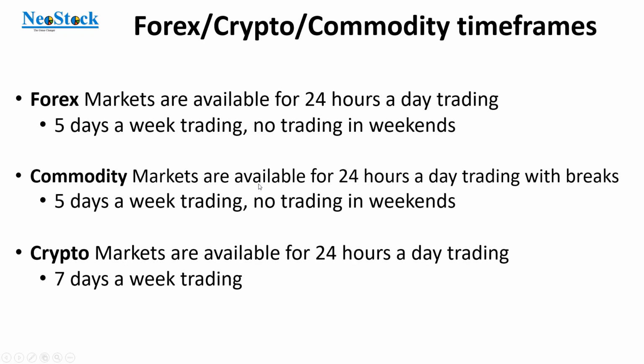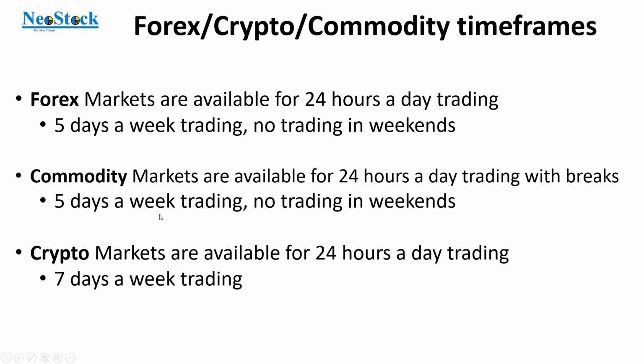Maybe if you consider some Indian commodity markets, the breaks are even much longer. But anyway, remember, some of the commodity markets run almost 24 hours. For example, crude oil, I think they give only a 1 minute break when shifting from one day to another day.